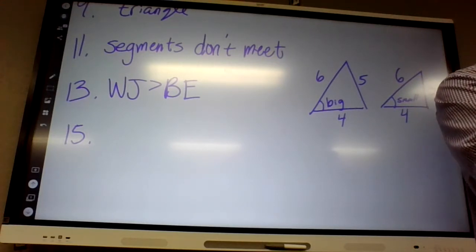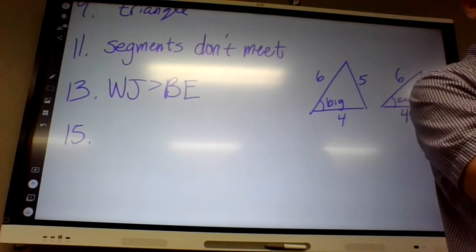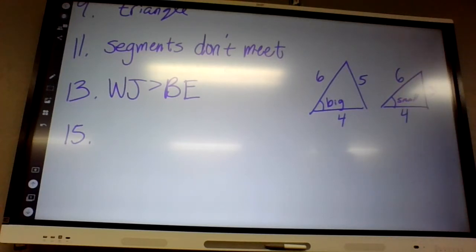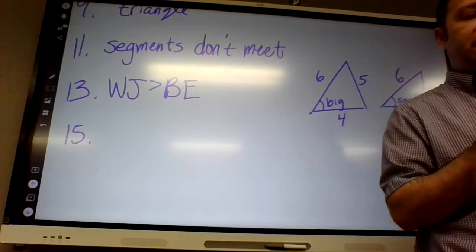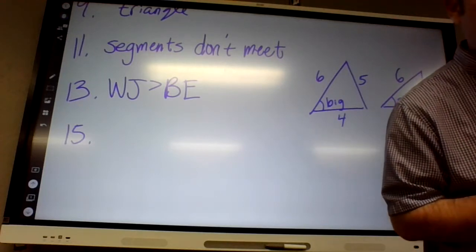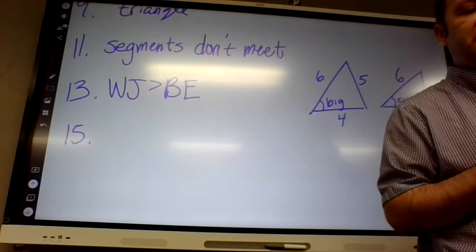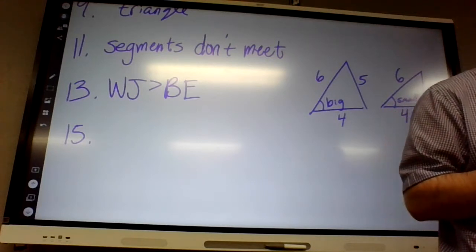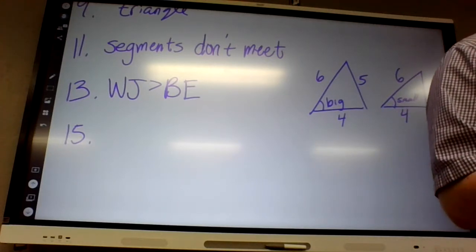Fifteen's kind of a tricky question. Okay, so you see the 5 and 3, right? Those are the alligator jaws. The alligator on the left is open 90 degrees at angle B. The alligator on the right is open, well, they don't tell us, but what do we know about angle Q? It's got to be less than 90, because it's in a triangle, there's already 90 in the corner. It's acute.